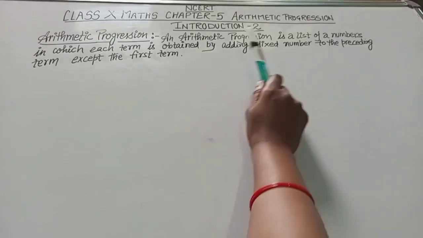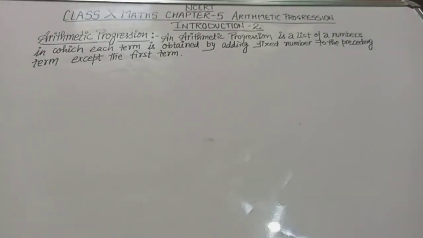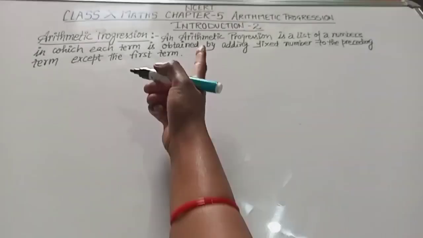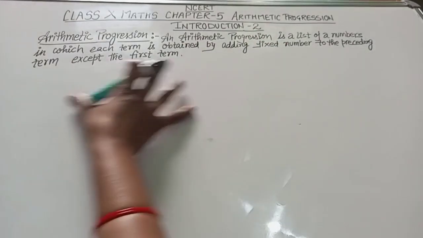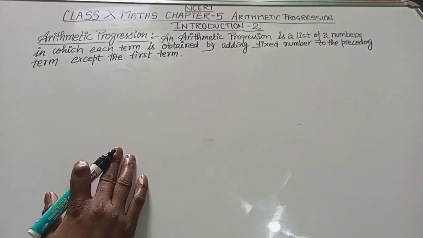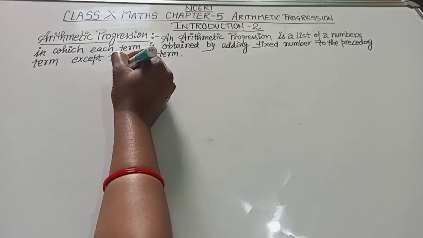So we have a list of numbers in which each term is obtained by adding a fixed number, just like 2.